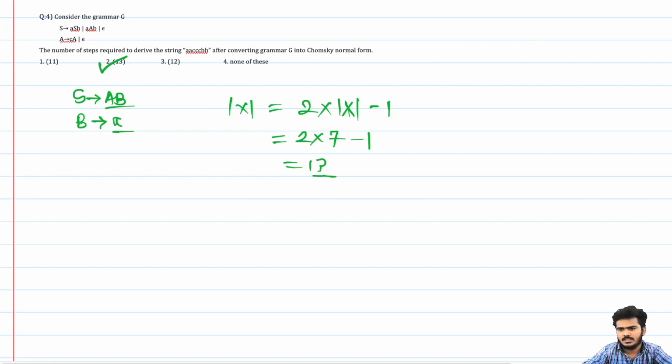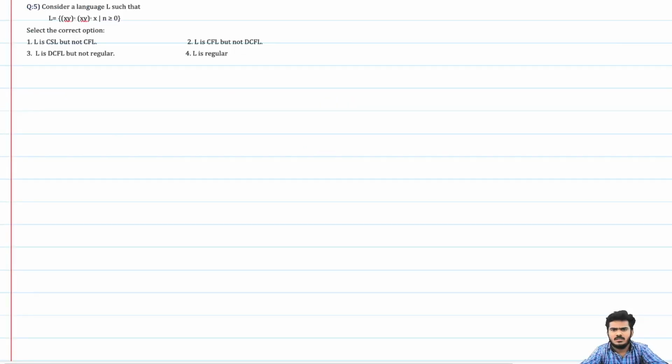Okay, let's take another one. We are given a language. The language is x(y^n)x^n... I am writing the language here: x y raised to n, x, where n is greater than or equal to 0.